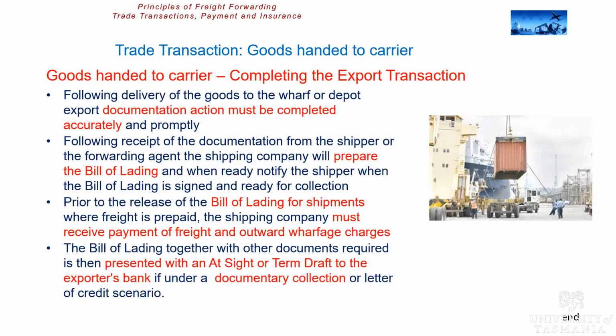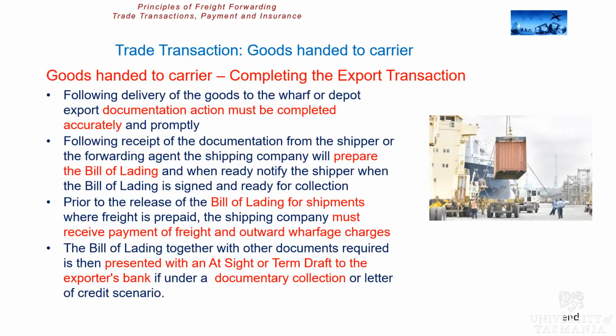Now, if there is a bank involved, the bill of lading, together with other documents, such as the invoice, will then be required to be presented at the exporter's bank, usually with some additional documentation which is commonly referred to as a draft.